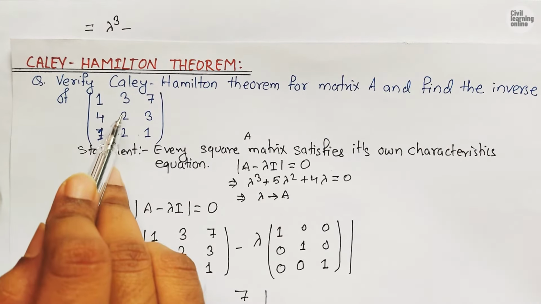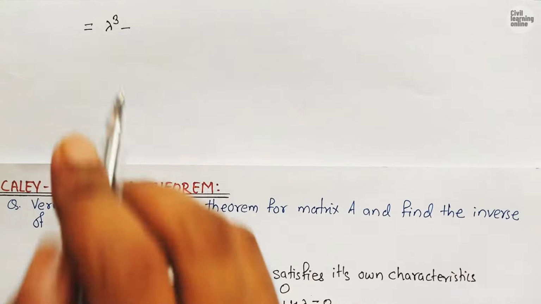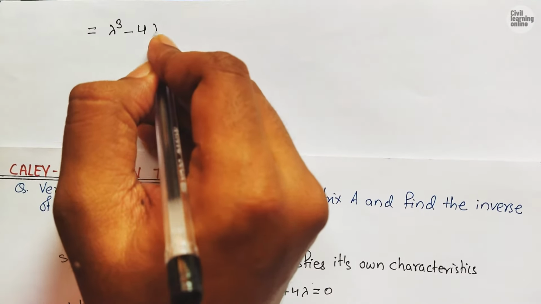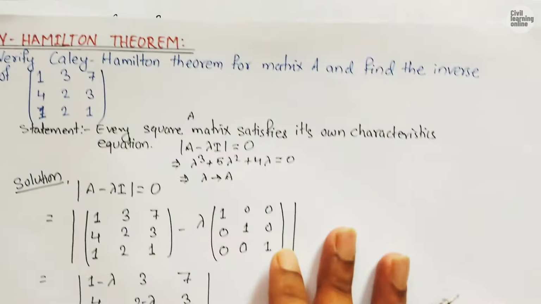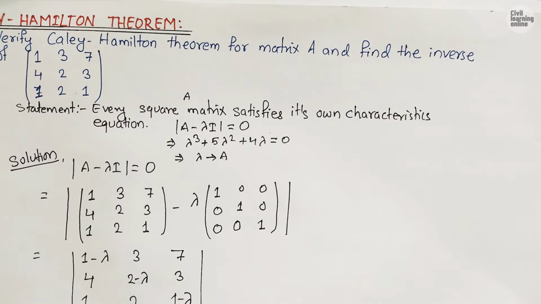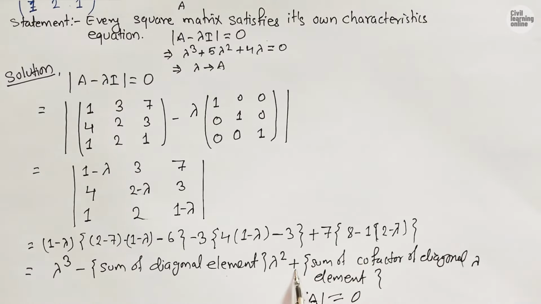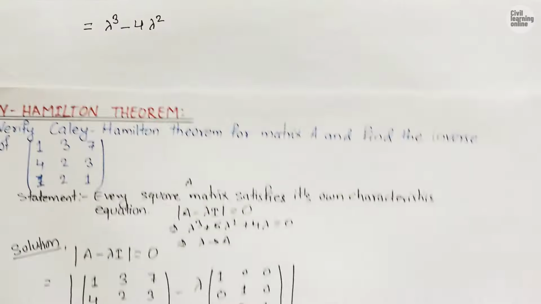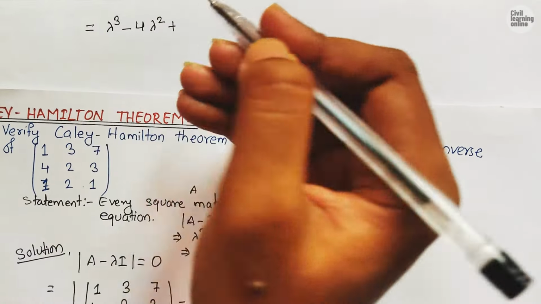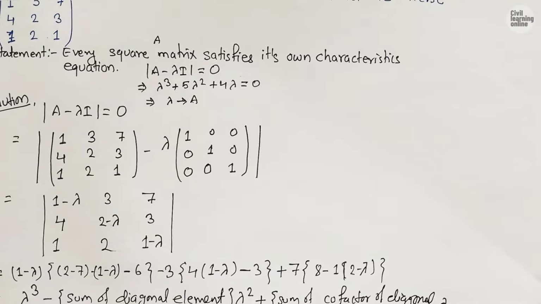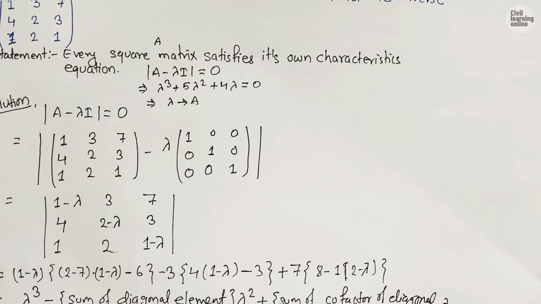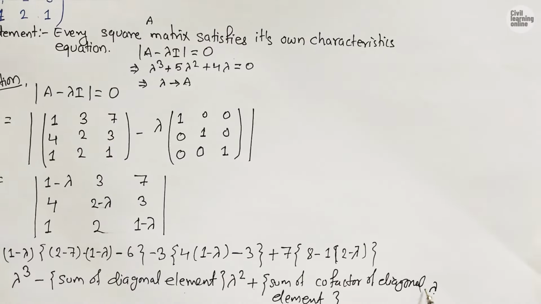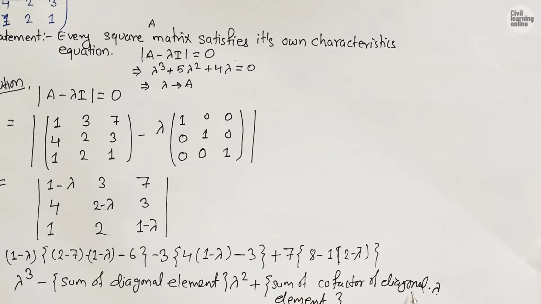So it is 1 plus 2 plus 1, we will get 4. So 4 times lambda square. Now we have the sign of plus here, refer to this formula. So right here plus, and we have the sum of cofactors of diagonal elements multiplied by lambda.